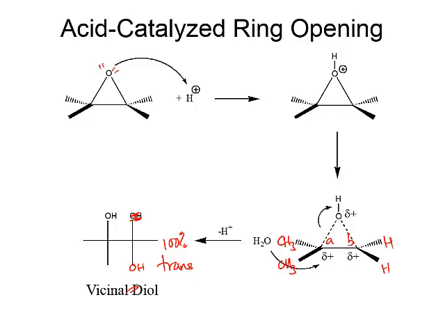Secondly, the issue of which carbon has the greatest delta positive charge is what we're looking for. So I have a weak nucleophile.